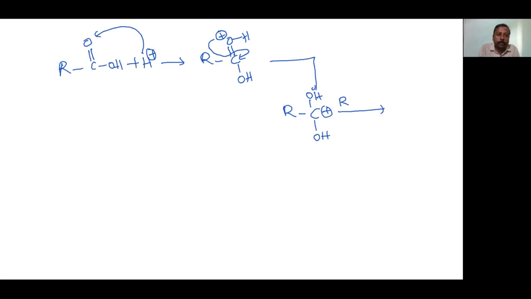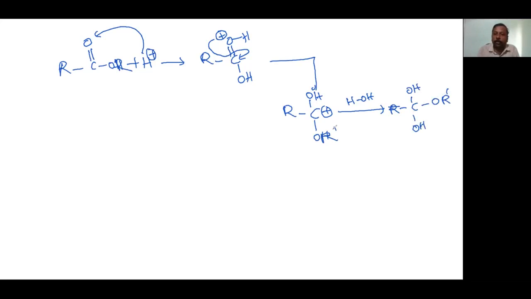So here the next step will be, sorry, R dash. It will be R dash, the ester we have taken. So now it will be H and OH, so H and OH. R, C, on both sides it will be OH and OH, and this will be OR dash.